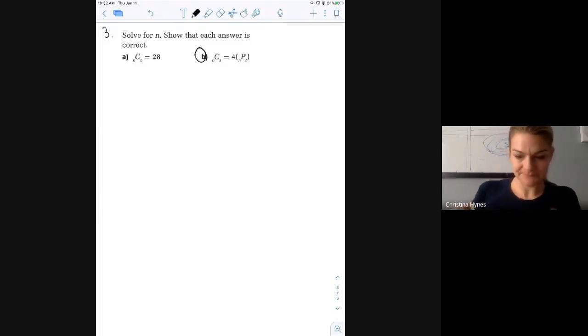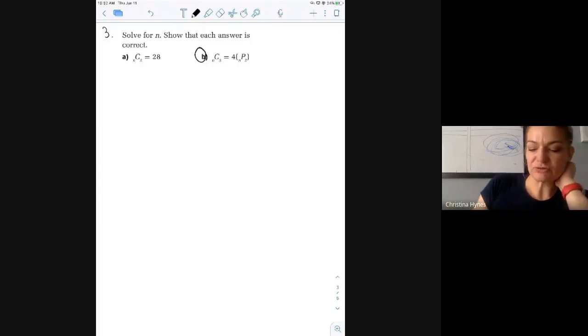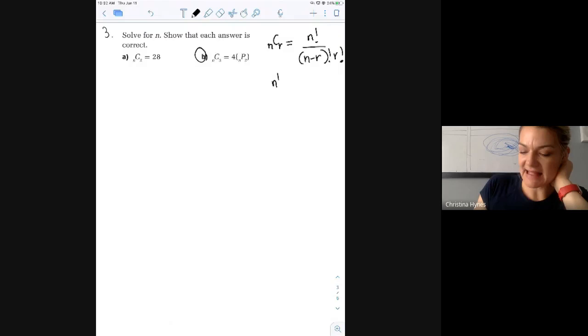What you want to do is use your formula sheet. There are 2 formulas given on your formula sheet, and one of them looks like this: n choose r is the same as n factorial over (n minus r) factorial times r factorial. And nPr is equal to n factorial over (n minus r) factorial.